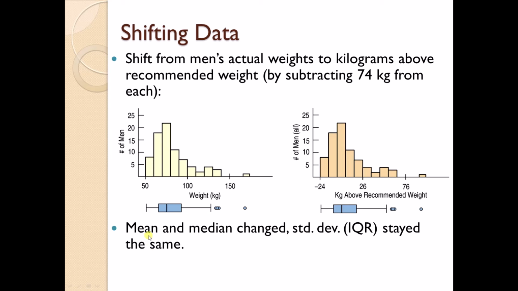So your point estimate values are going to change. You're going to lose 74 from each of them. But your standard deviation and your IQR are going to stay the same. Measures of spread are not affected by adding or subtracting a value to all the things in your data set.